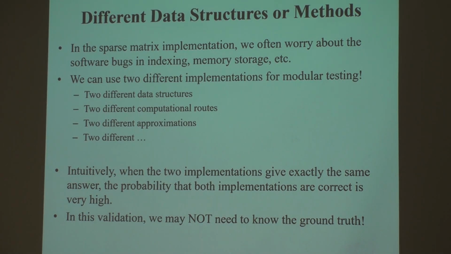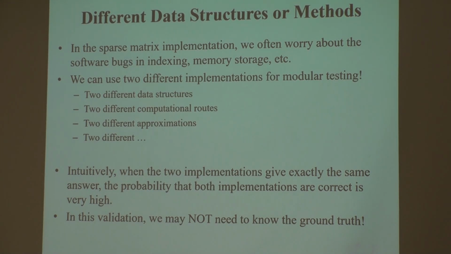But if you use two different data structures, which I'm going to show you very soon how it can be done, and this is basically your homework I just passed down, we can have better modular testing. For every operation, you can write these modular tests using different data structures to implement the same thing.